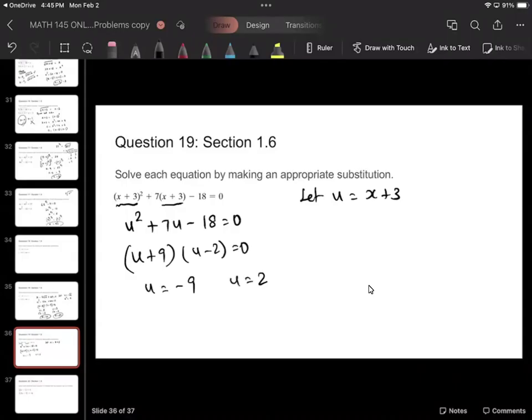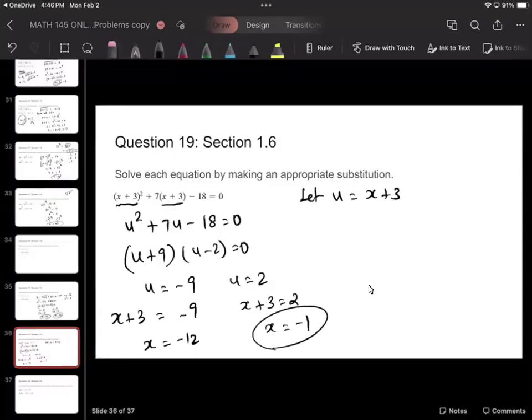But what is u? U is x plus 3. So x plus 3 is negative 9, which means x is negative 12. X plus 3 is 2, which means x is negative 1. So these are my solutions. Negative 12 and negative 1.